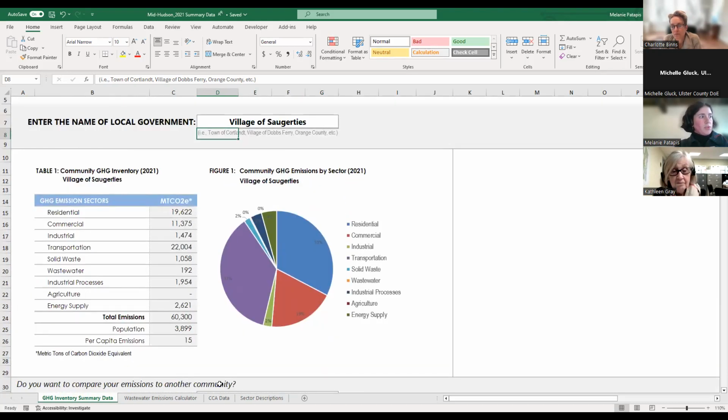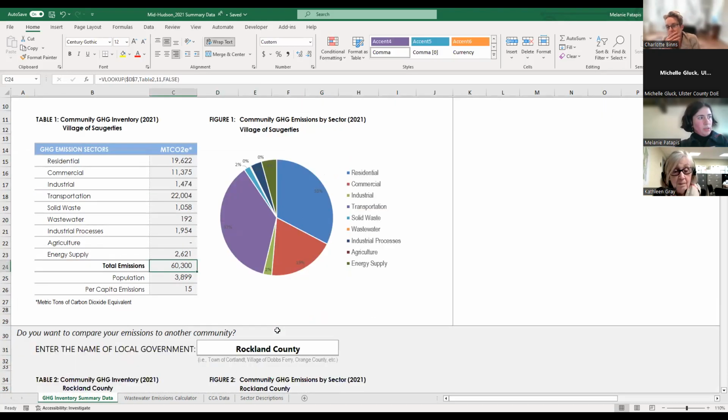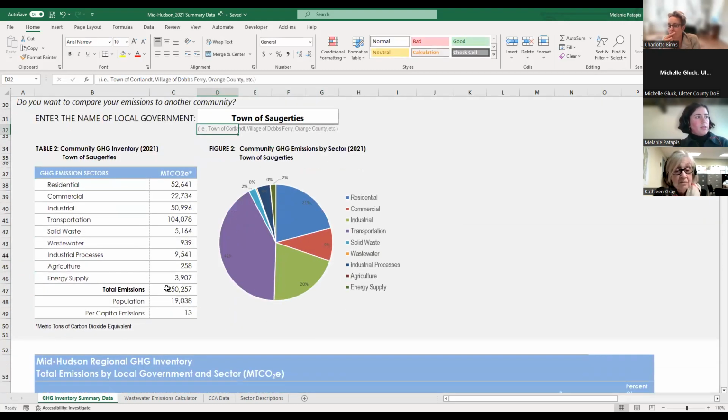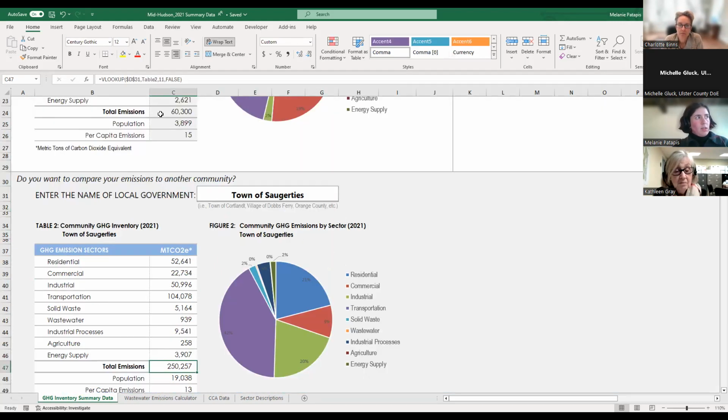You would put Village of Saugerties and you can see the total. And then you would put down here, and you can leave these figures as is, but in your report write out that you're subtracting. You can change the total and subtract the village from the total. Okay, all right, thank you. Yep.